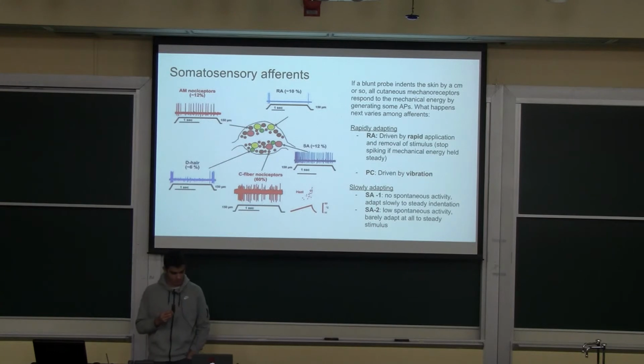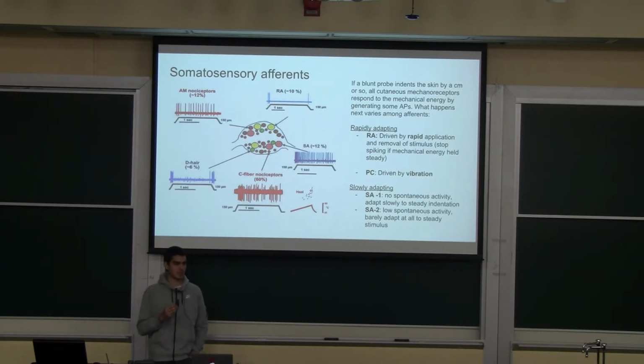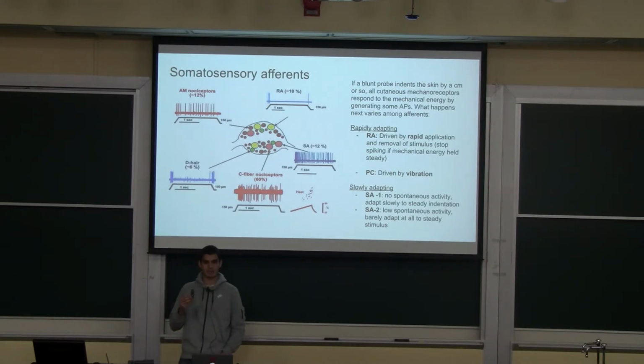SA2 are basically super slow adapting with very low spontaneous activity. SA1 have basically no spontaneous activity, and adapt slowly, but less slowly than SA2. Does this distinction kind of make sense? Rapidly adapting, slowly adapting, pretty intuitive. And then the types of receptors and the afferents they connect to fall into those subcategories.